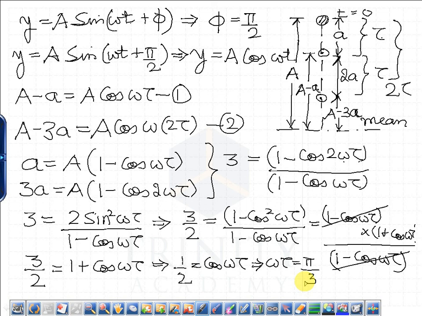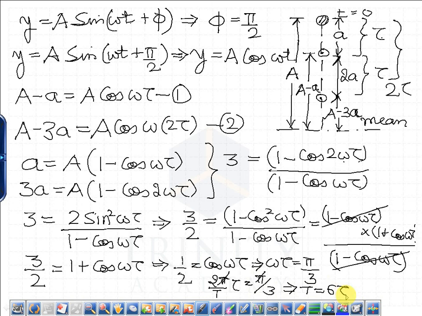Now omega can be written as 2 pi by T, not 2 pi by 3. So 2 pi by T into tau is equal to pi by 3. Pi and pi will get cancelled out. We get the final answer for the periodic time is equal to 6 times tau.